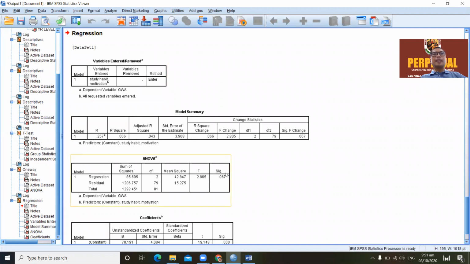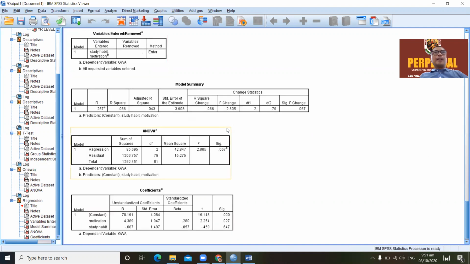Now, this would be the results of your analysis for your question. Do motivation and study habits influence or predict academic performance? Okay, it just simply states here as a summary, the dependent variable that you did is general weighted average, and then your independent variables are study habits and motivation, these two in here.